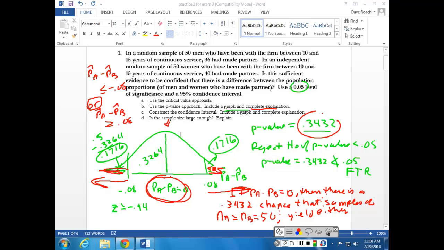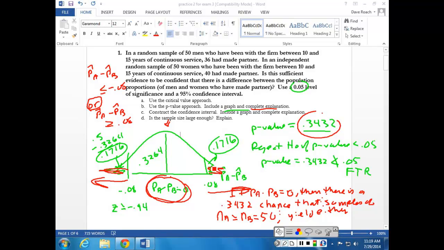I'm going to put this one more way, and if it helps you understand it better, then fine. You could say that the absolute value of the difference is greater than or equal to 0.08. That would include both tails.